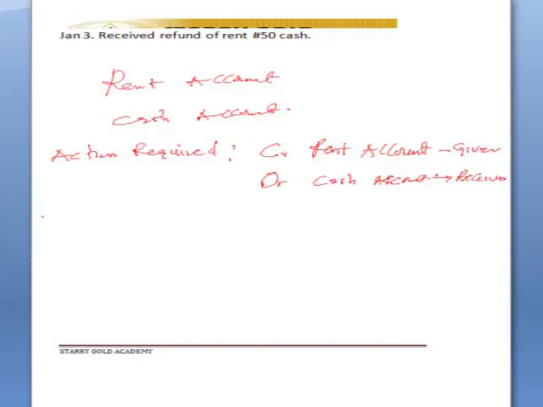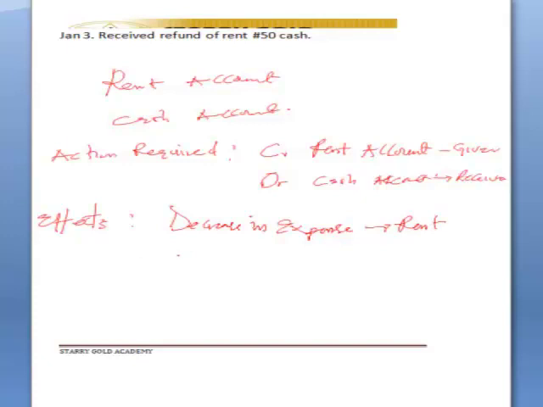As a result, what will be the effect of this on the financial statement? The effect is that there is a decrease in expenses, and the expense here is rent.